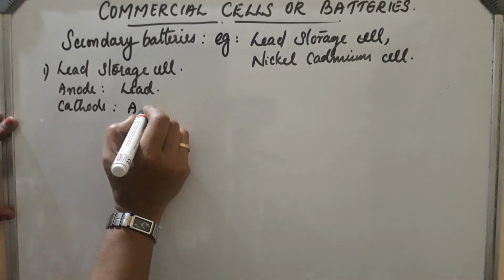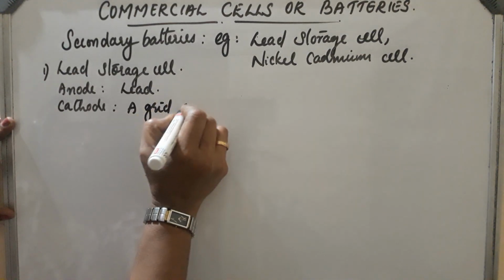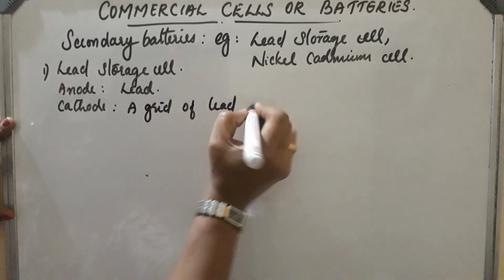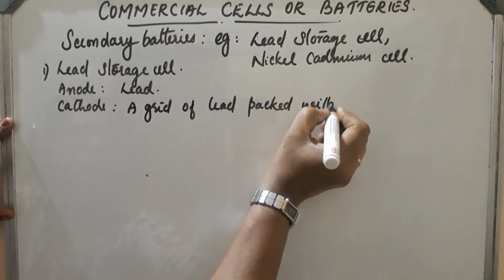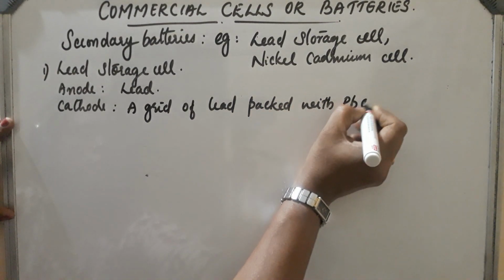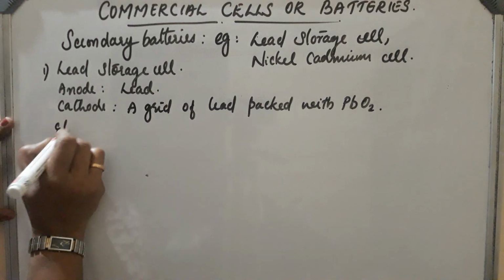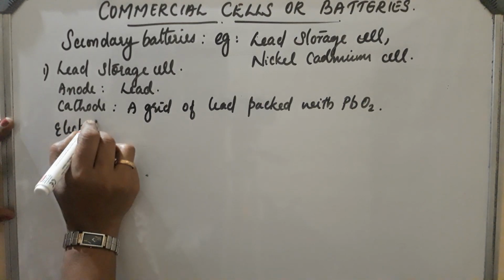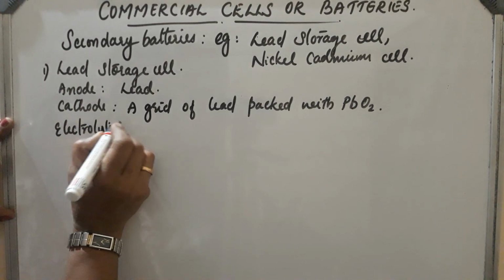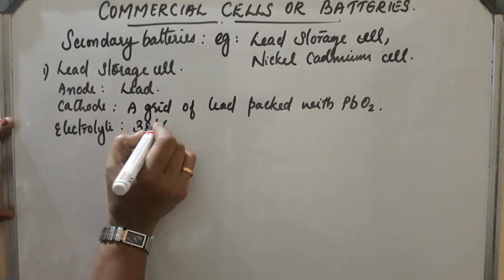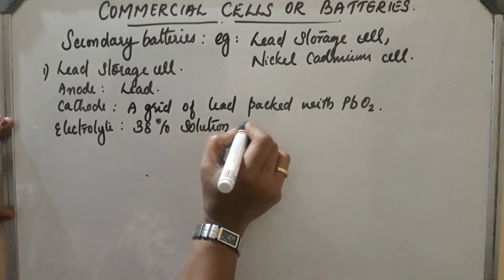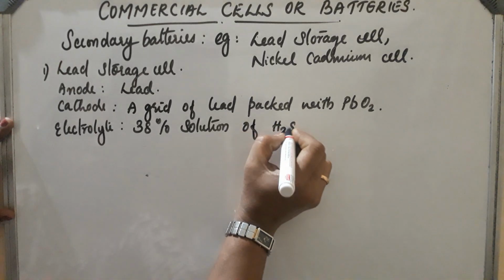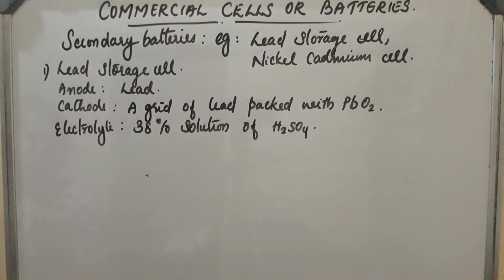Now, the electrolyte is present in which cathode and anode are present. The electrolyte is a 38% solution of H2SO4, sulfuric acid. So, aqueous sulfuric acid, 38% sulfuric acid.